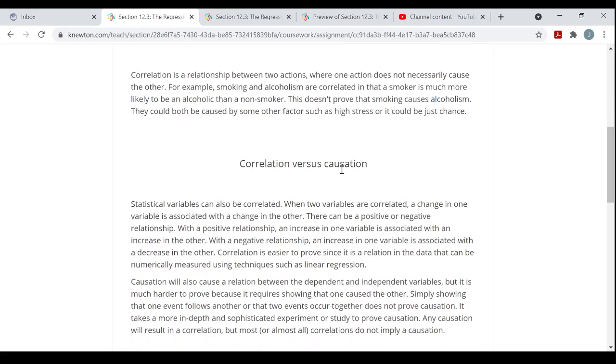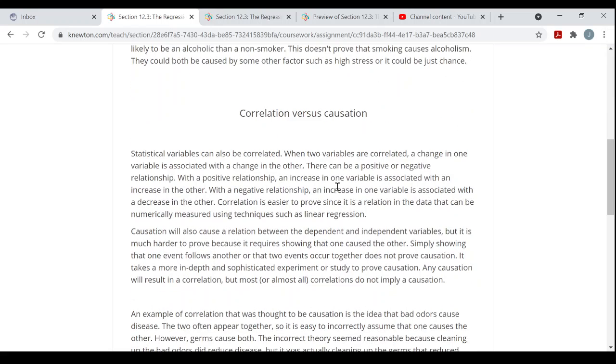So, correlation versus causation. Statistical variables can also be correlated, as we've seen. We've been studying linear regression, linear correlation here in this chapter. When two variables are correlated, that means a change in one variable is associated with a change in the other.